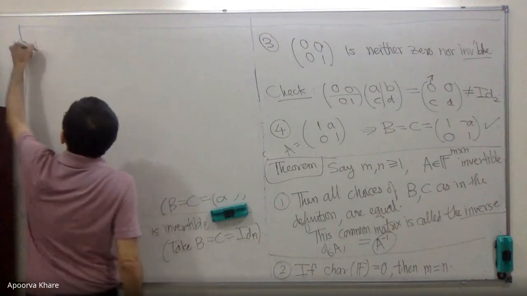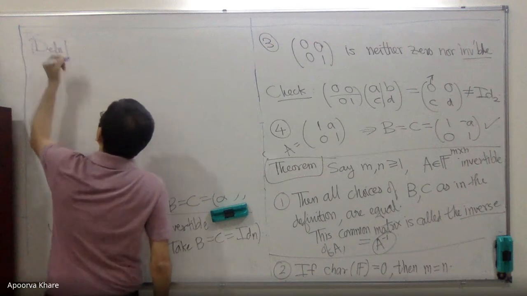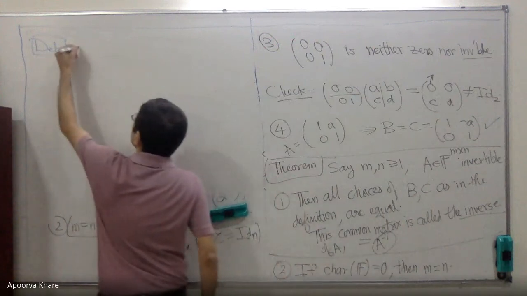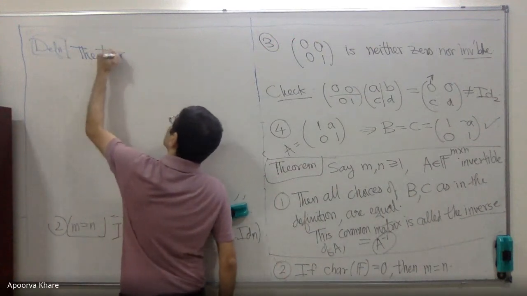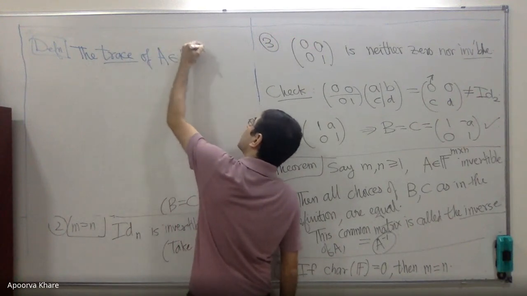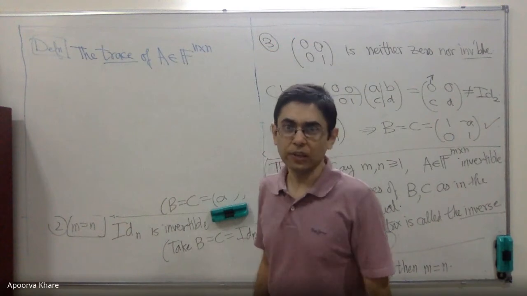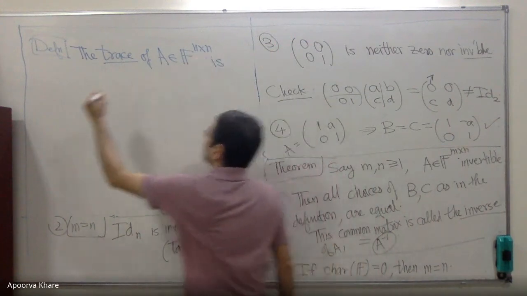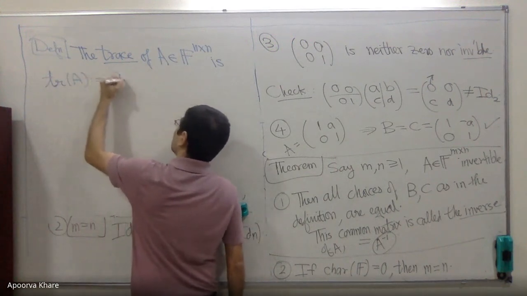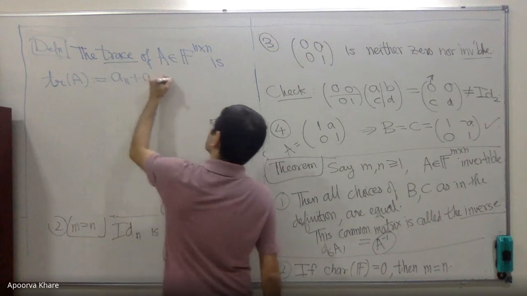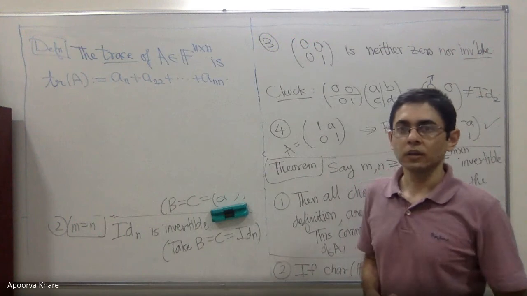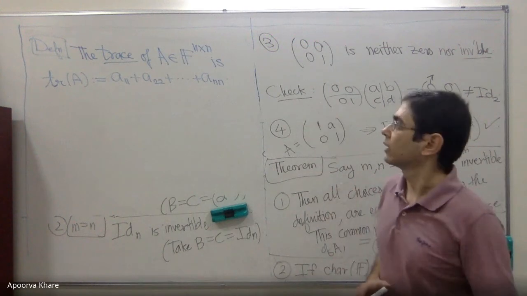Definition: the trace of a square matrix A over any field is trace of A equals A11 plus A22 plus up to Ann. Just add up the diagonal entries of A.